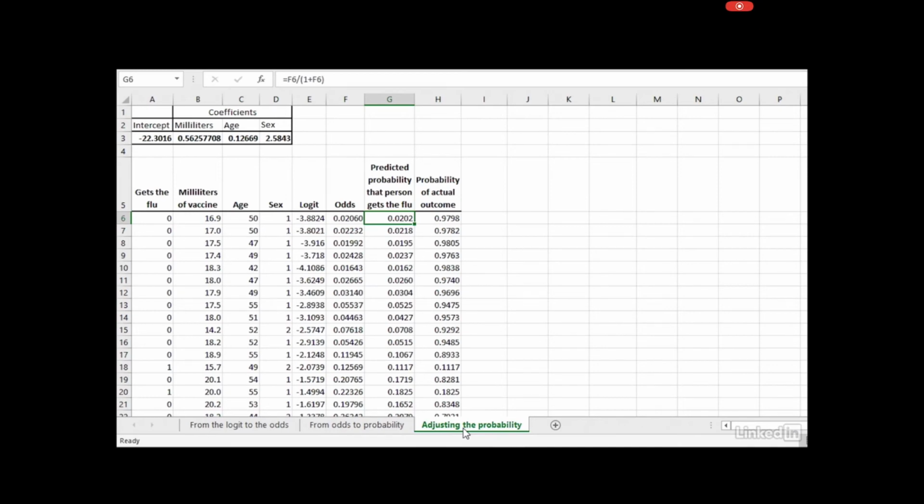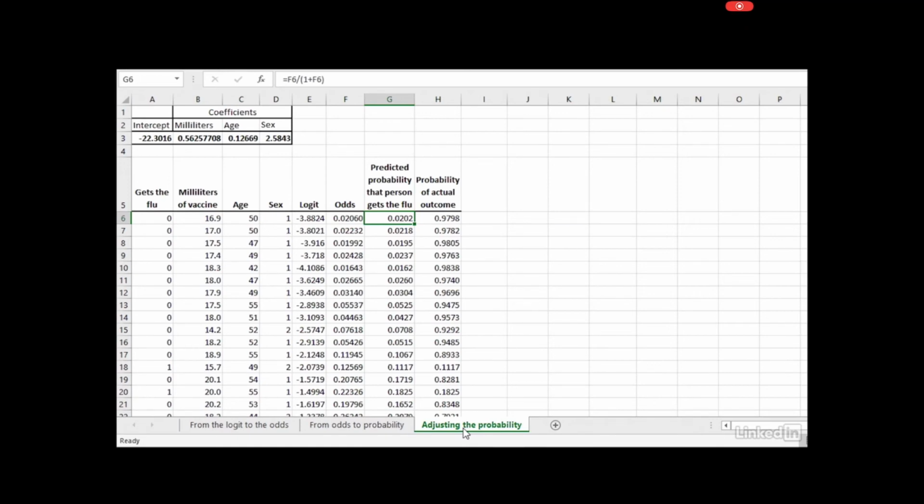You'll see shortly how to get that done, but I've taken care of it here so that we can discuss the probabilities a little bit more sensibly. In cell G6, the active cell, we see that the predicted probability, given those coefficients and intercept, that the person will get the flu is only 2%, which is good inasmuch as the person did not get the flu. Notice in cell A6 that he's got a 0.